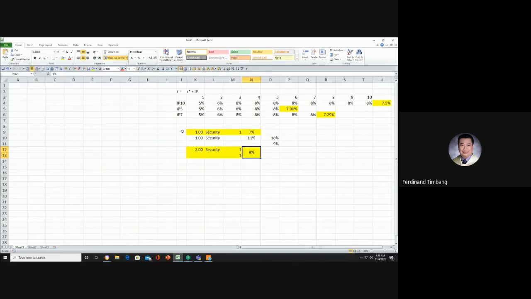Kumbaga dito, twice ka nag-invest, at dito, once ka lang nag-invest. At yung once na investment mo for 2 years will give you 9%. Kaya dapat kung twice ka nag-invest na tig-1 year, dapat ang kinita mo rin ay 9%. Kaya lumalabas kung 7% yung interest mo ng first year, dapat pagdating ng second year, yung interest rate magiging 11%, so that once you average them, it will be equal to 9%.